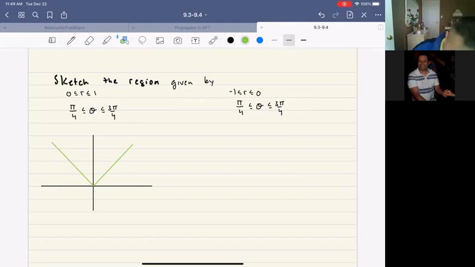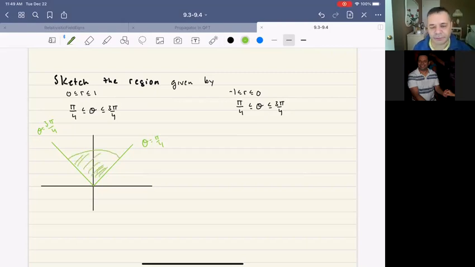Okay, so this is theta equals pi over 4. Theta equals 3 pi over 4. Okay, and then for r being from 0 to 1, it's just going to be sort of this top arc here.